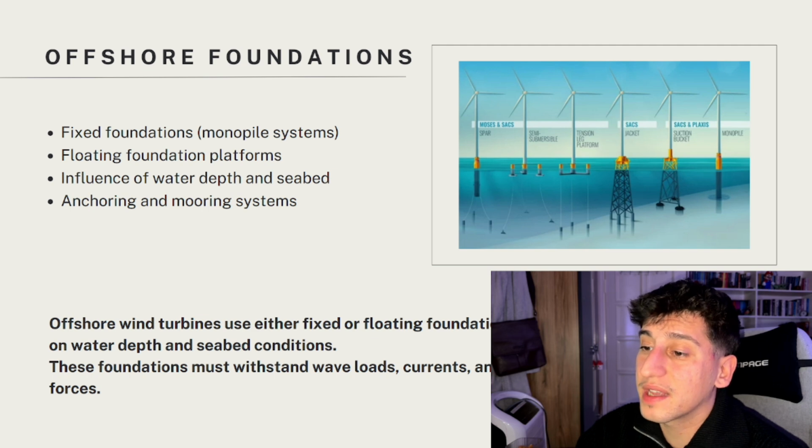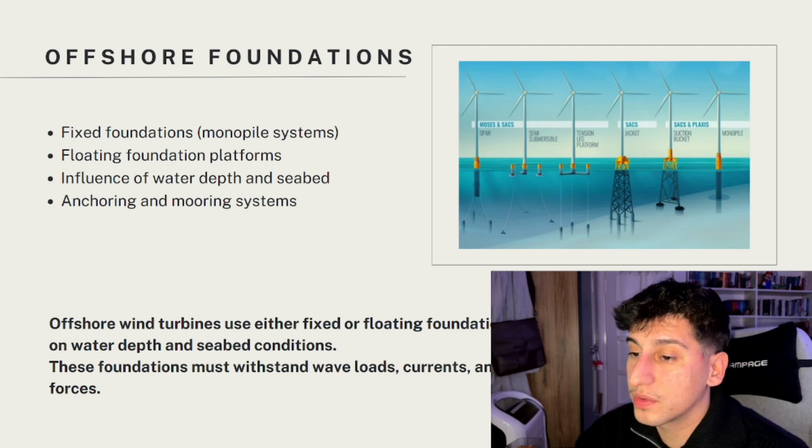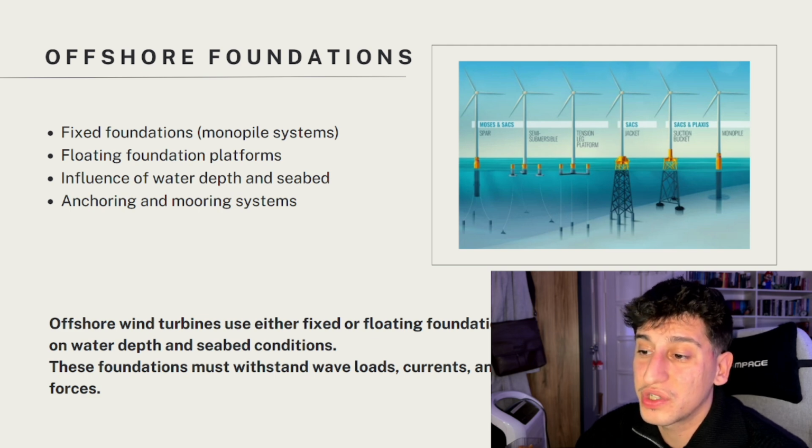They consist of large steel piles driven deep into the seabed so they can provide lateral and vertical stability. Which one we choose depends on the water depth, seabed conditions and some environmental considerations.